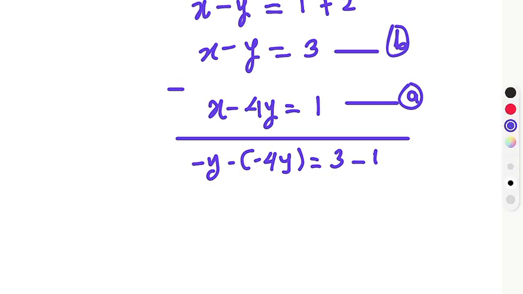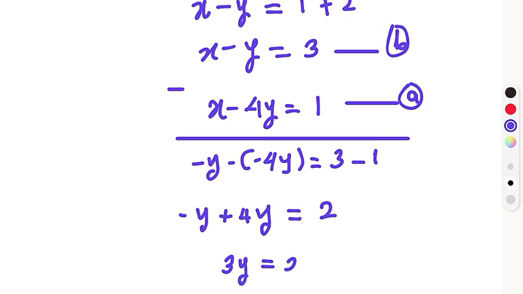So from there we are going to have minus y plus 4y equals 3 minus 1, which is 2. So minus y plus 4y will give 3y, then equals 2.